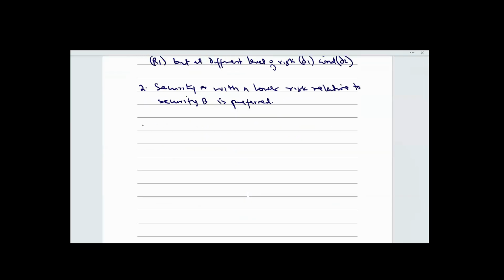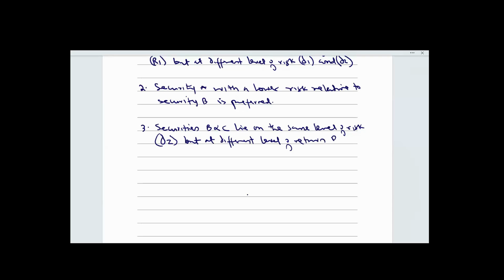Number 3 points that we need to make. Securities B and C lie on the same level of risk D2, but at different level of return, R1 and R2.